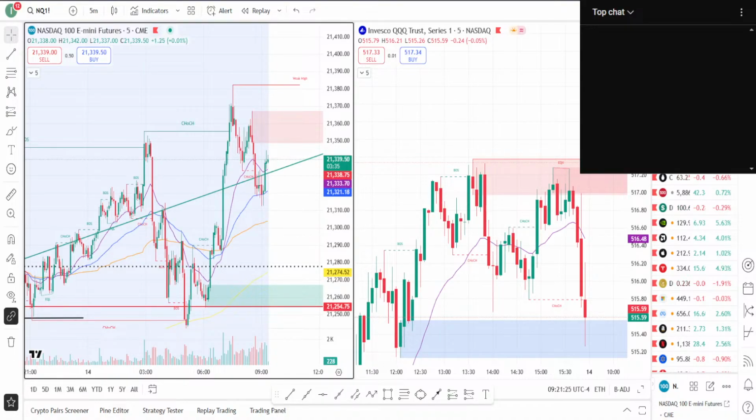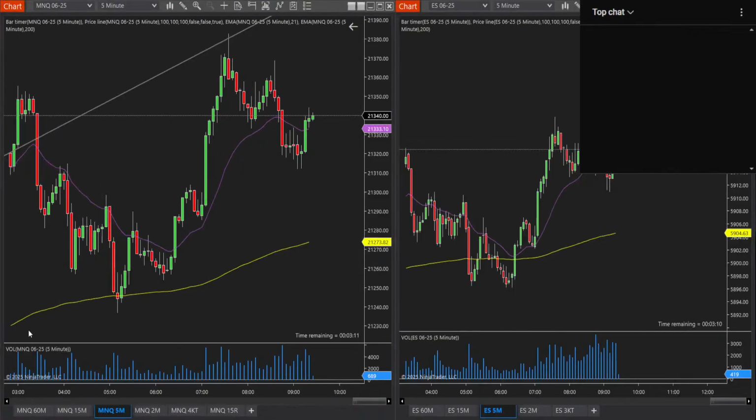We got an indicator open. Got my TradingView open. Let's get it. See, cool, that's working as well.